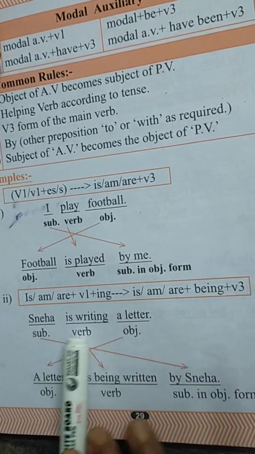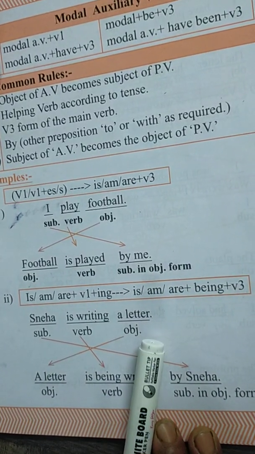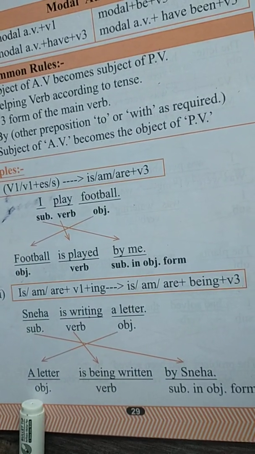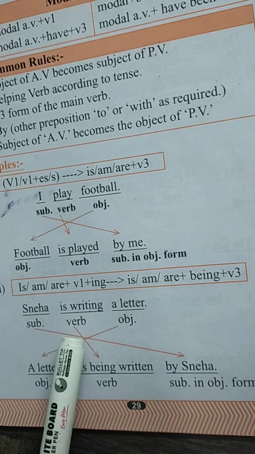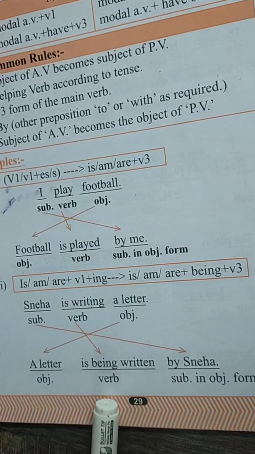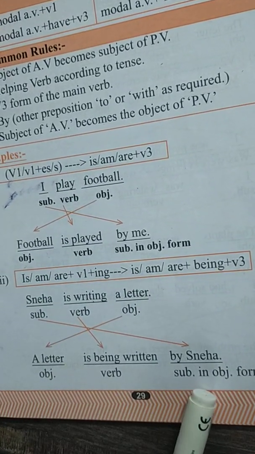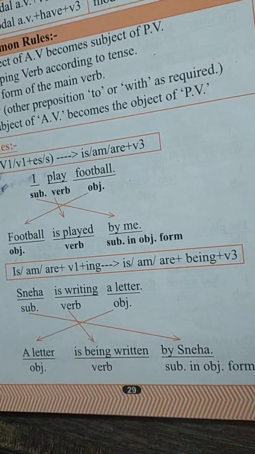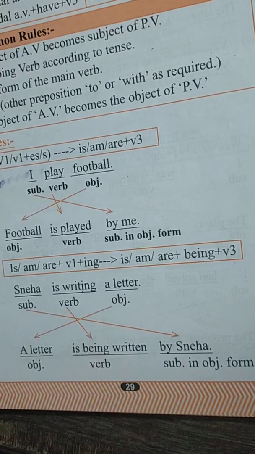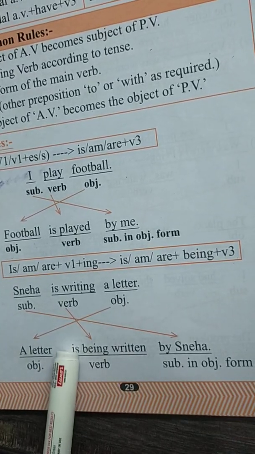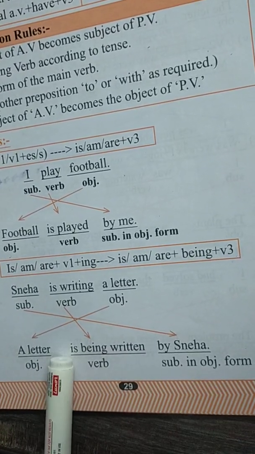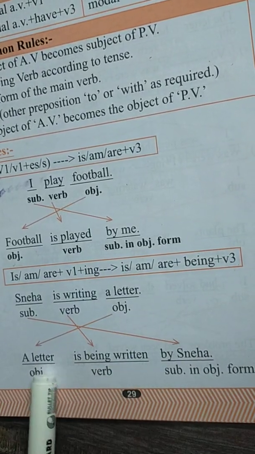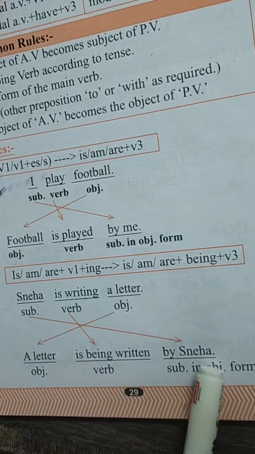So in Sneha is writing a letter, a letter has come to the beginning, the verb is writing is in the middle, and the subject is at the last of the sentence in object form. So this is the technique, the common rule for this type of sentences. Sneha is writing a letter: A letter is being written by Sneha.